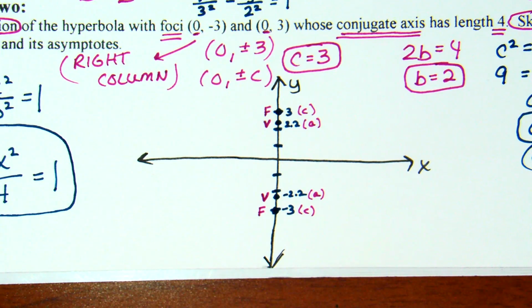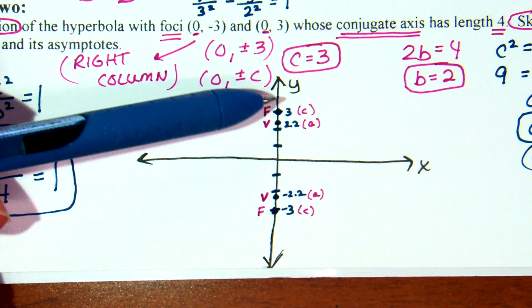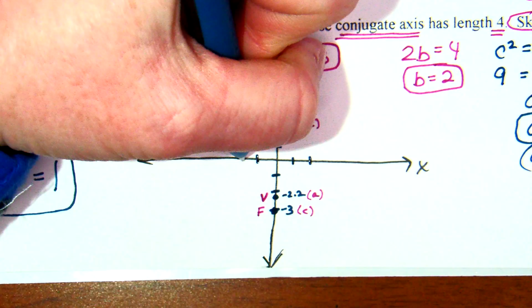We also have a B value. Similar to an ellipse, B takes you on the other axis. What is my B value? 2. My B value is 2. So since my main axis is the y-axis, those are my A values. My B values are going to take me, in this case, left and right. And so we're going to go right 2 and negative 2.